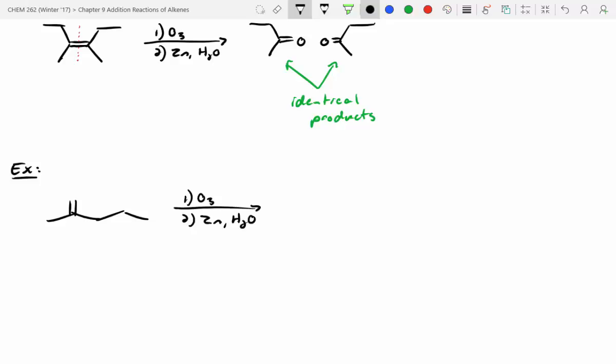How many of you guys think you got this one already? A couple people? One of the products is pretty easy to spot. The other one's a little tricky. So we'll pull out our molecular scissors. We're going to cut it, right? So we've got an oxygen like that.